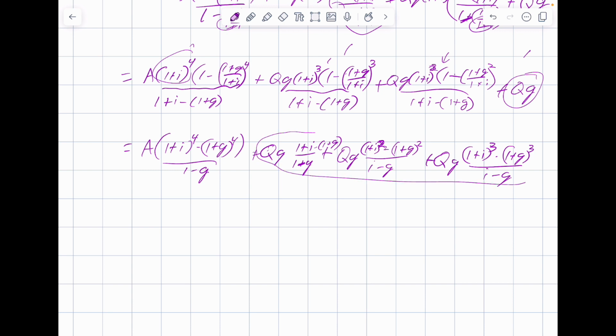Okay, we can rewrite this now using the geometric sum.